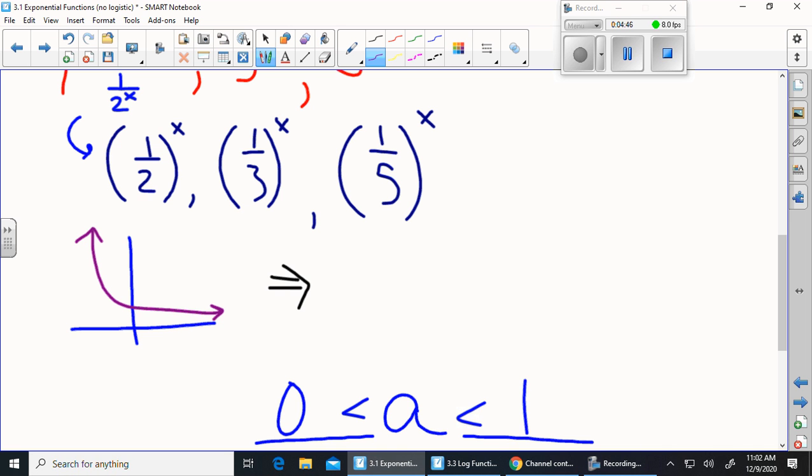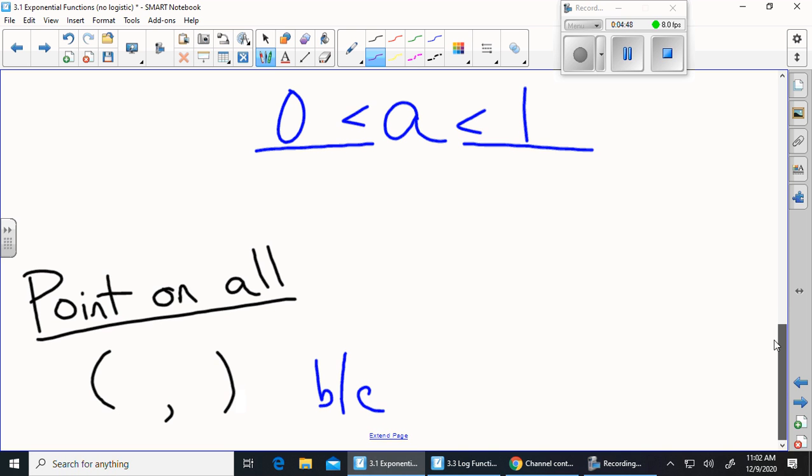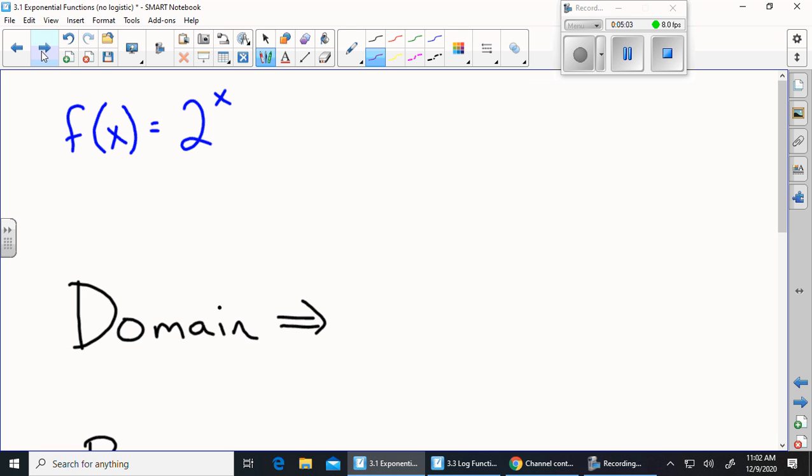Okay, so when we think about what point is on all of them? As I said, (0, 1), because anything to the 0 power is 1. I could write a or b, doesn't really matter. So just in general, we did this earlier this year.